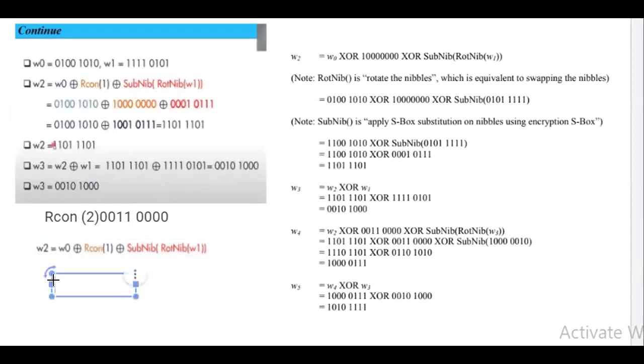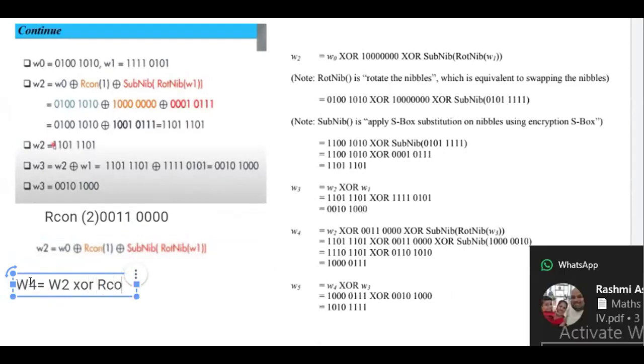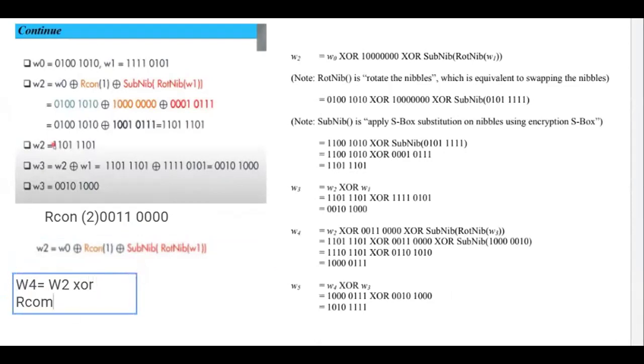And if we want to write the same equation for W4, the W4 equation in a similar manner will be W2 XOR round constant 2 XOR substitute nibble, rotate nibble, W3, right?